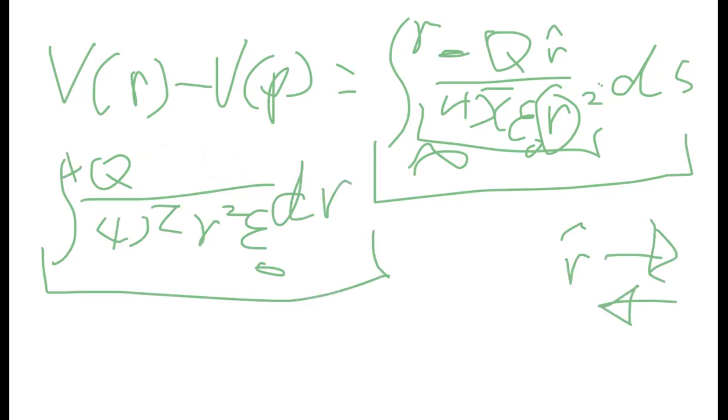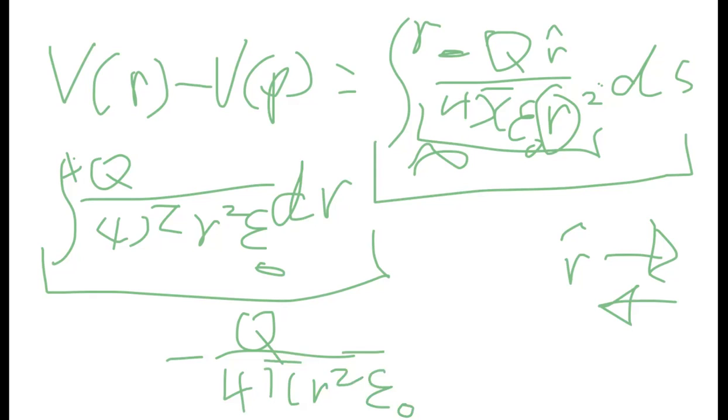I don't know how much calculus you remember, but that's just going to be minus Q, because remember those first two minuses canceled, but we got another one, over 4 pi R squared epsilon naught, is equal to the indefinite integral.